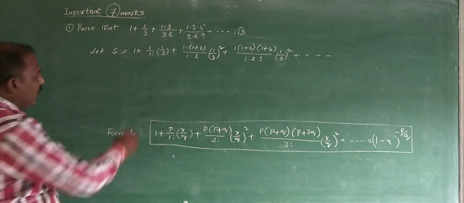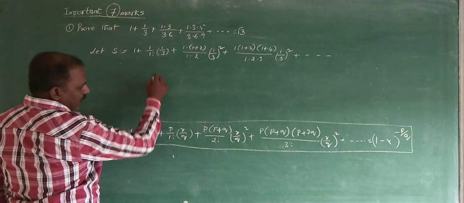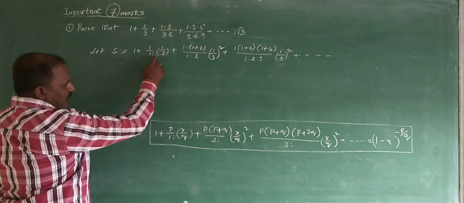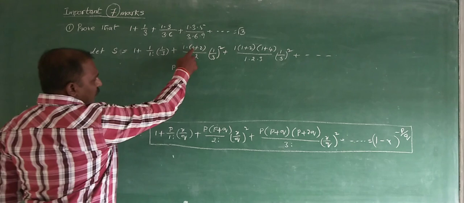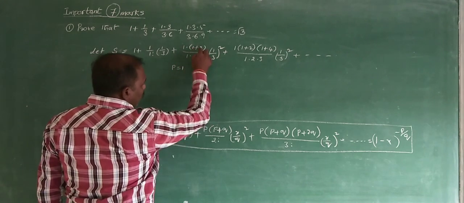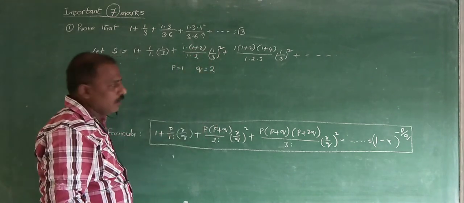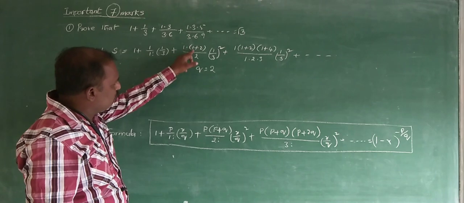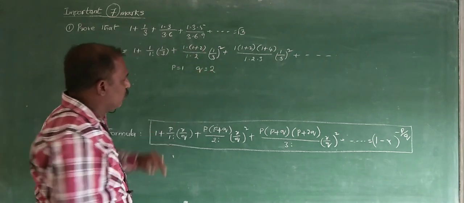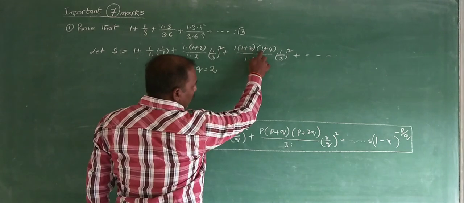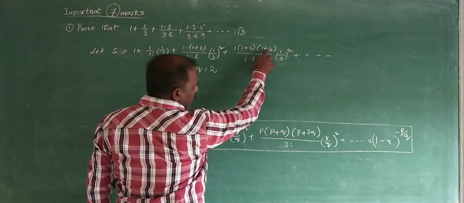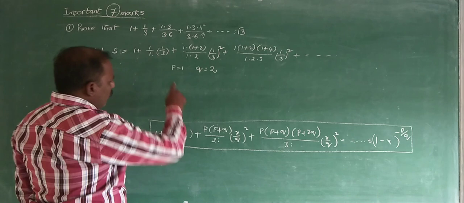So now, when you compare this, what is the value of p here? P is equal to 1. What is the value of q? Q is equal to 2. Isn't it? p into p plus q into p plus 2q, where 2q is 4. Right, both are correct.